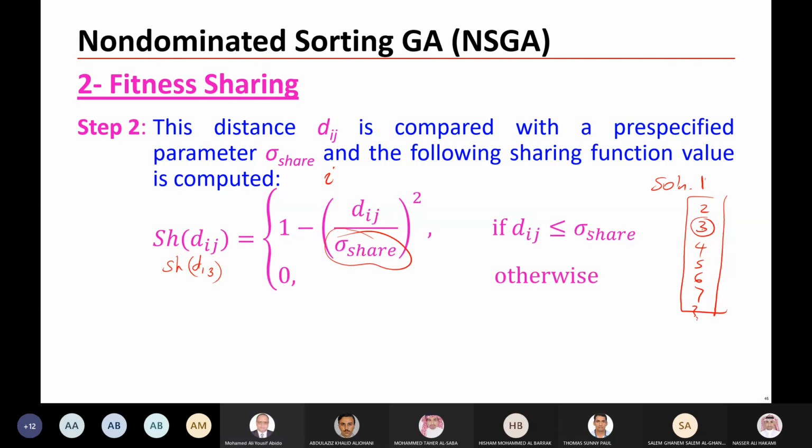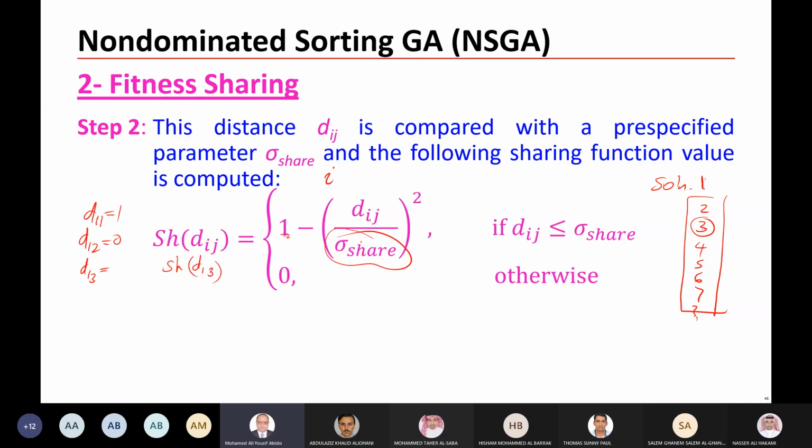Okay? Let's say D11, distance 11, equals 1. D12 equals 0. Maybe solution 2 is outside the sharing, outside the neighborhood. So D12 is 0. D13 is within the neighborhood. You calculate it.